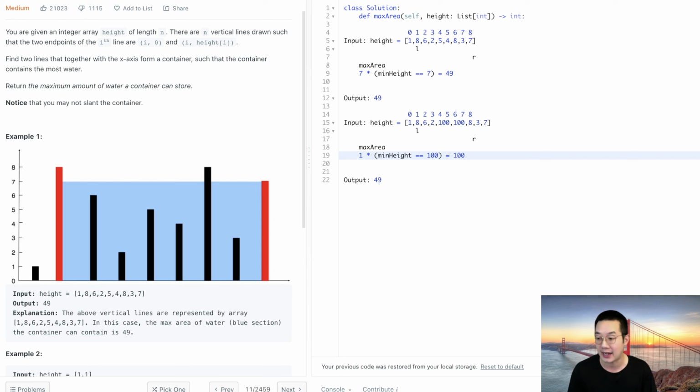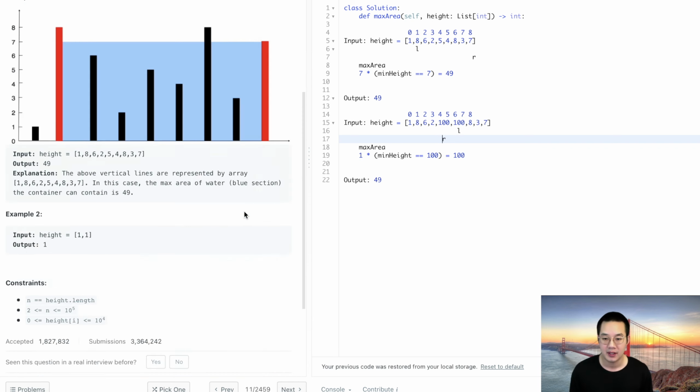This is like a skyscraper, essentially, right? And with that, we notice that's why we have to cross the left and right pointers before we're able to complete our algorithm.